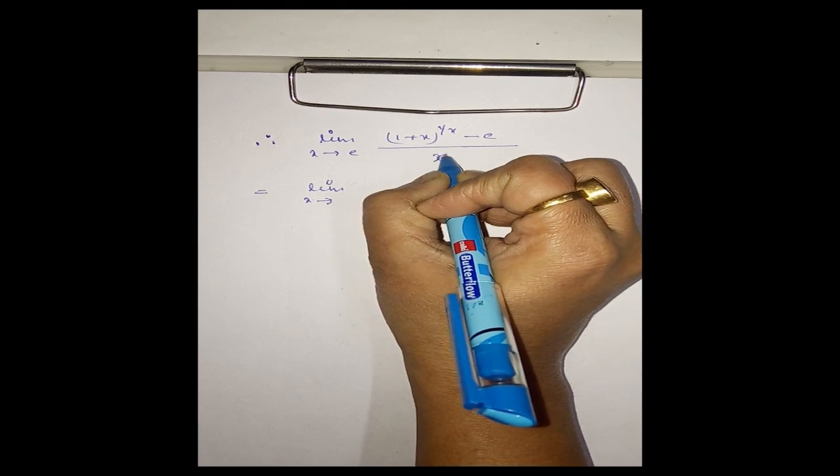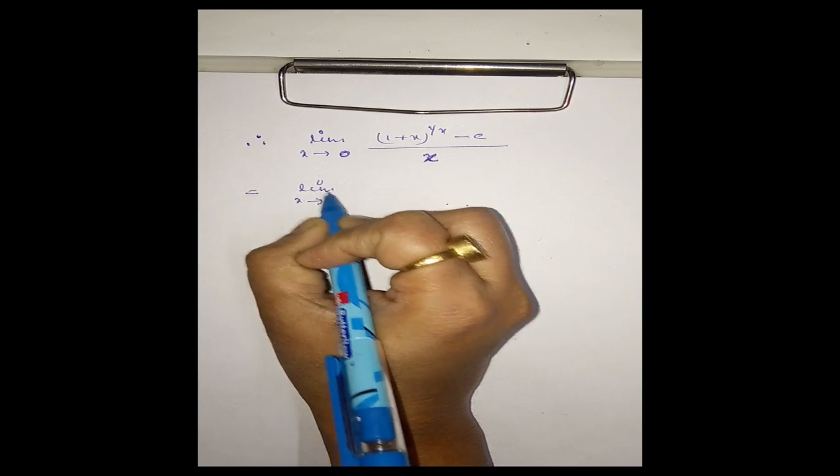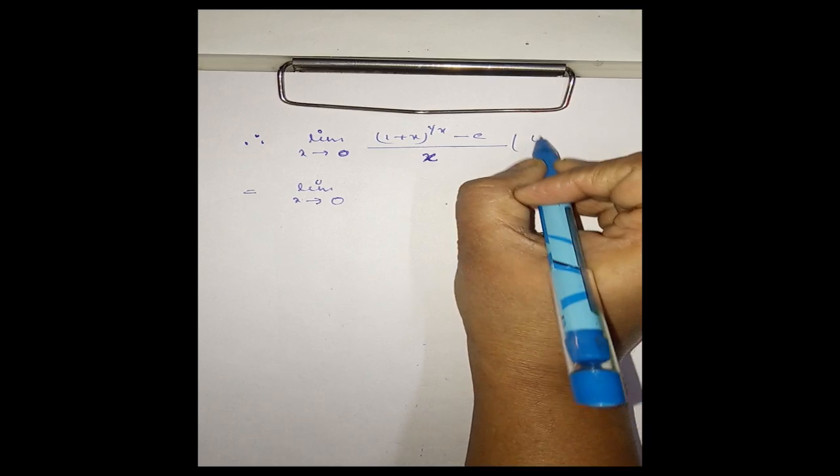Sorry, here we have x and x tends to 0. This is 0 by 0 form.